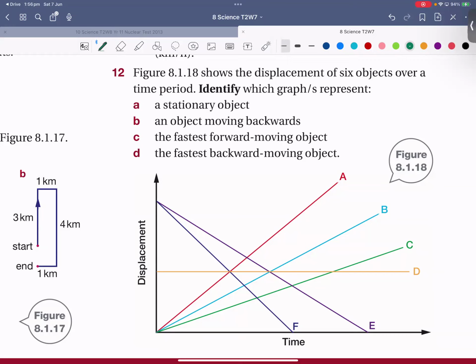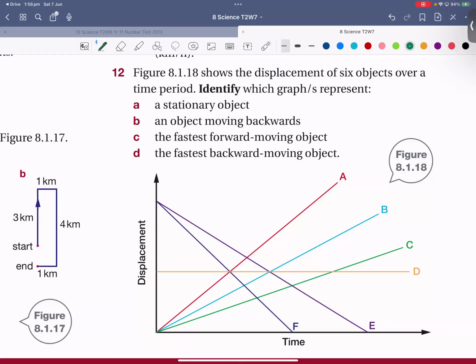Guys, what is a stationary object to be, in a displacement, not distance, time graph?